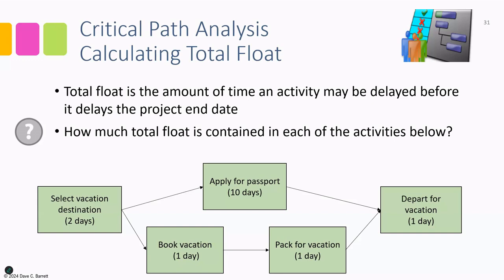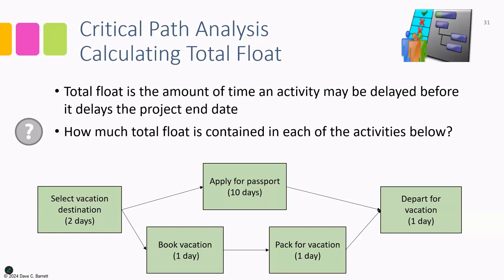So select vacation destination, apply for passport, and depart for vacation all contain 0 days of total float, which really means you cannot delay them. If you delay select vacation by 1 day, it'll push you out past 13 days to 14 days. If apply for passport takes 11 days instead of 10, it will delay the total project. It'll become 14 days instead of 13. And the same for depart for vacation.